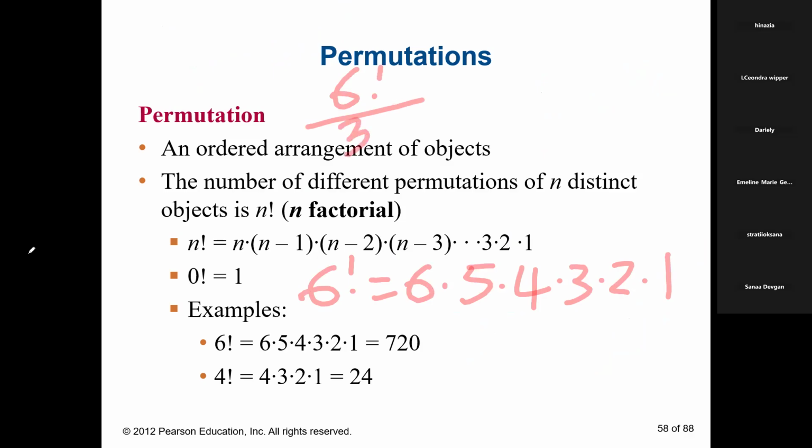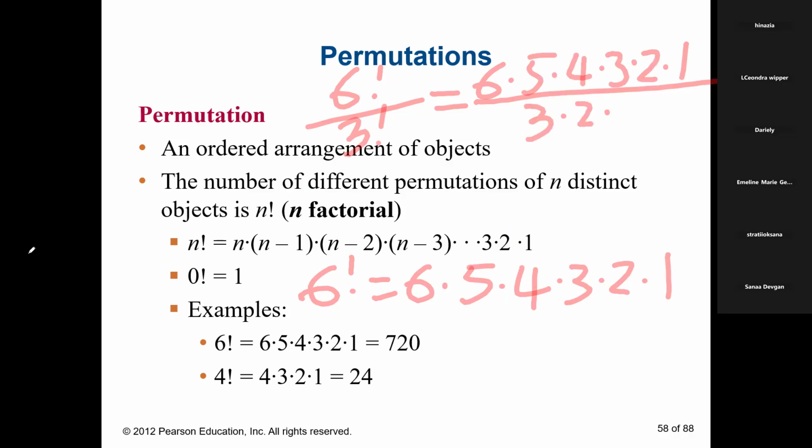over 3 factorial, you can go all the way down here to 6 times 5 times 4 times 3 times 2 times 1, and then 3 factorial can be 3 times 2 times 1. And then what can we do here? We simplify. You see here, simplify the 3, simplify the 2, simplify the 1.